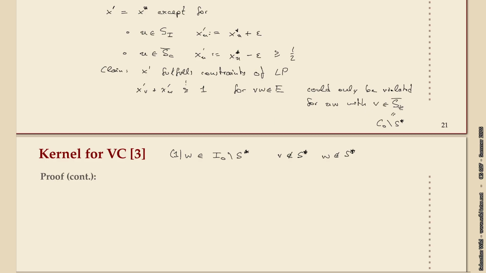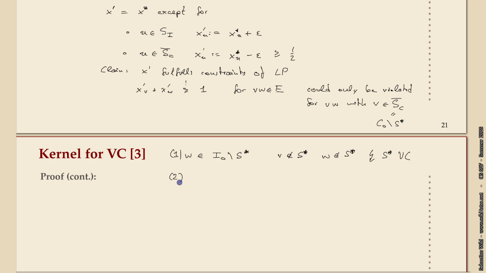So if V is in SC bar, it cannot be in S star. That's why V is not in S star. If W was in this set I0 without S star, then it would also not be in S star. But then S star cannot be a vertex cover because there's an edge VW that's not covered. So that case cannot actually be true.